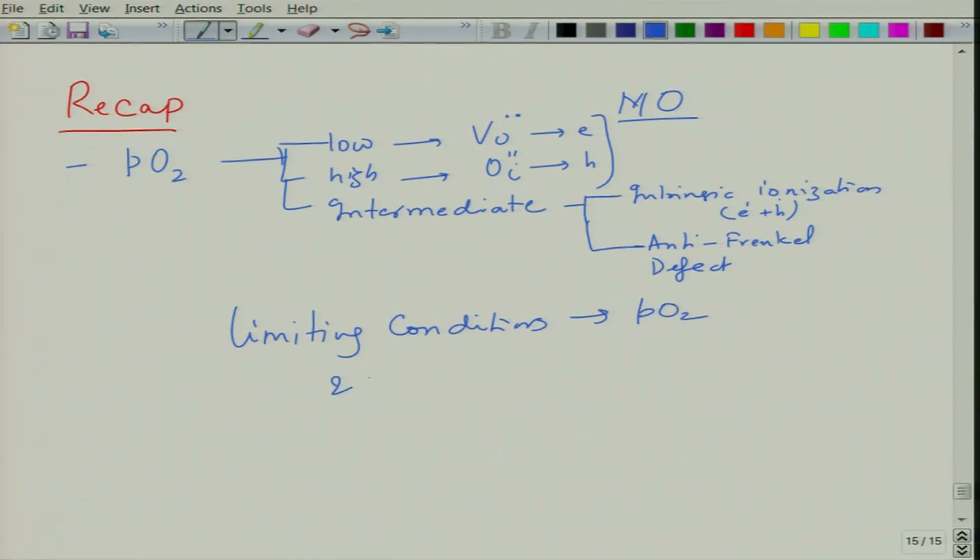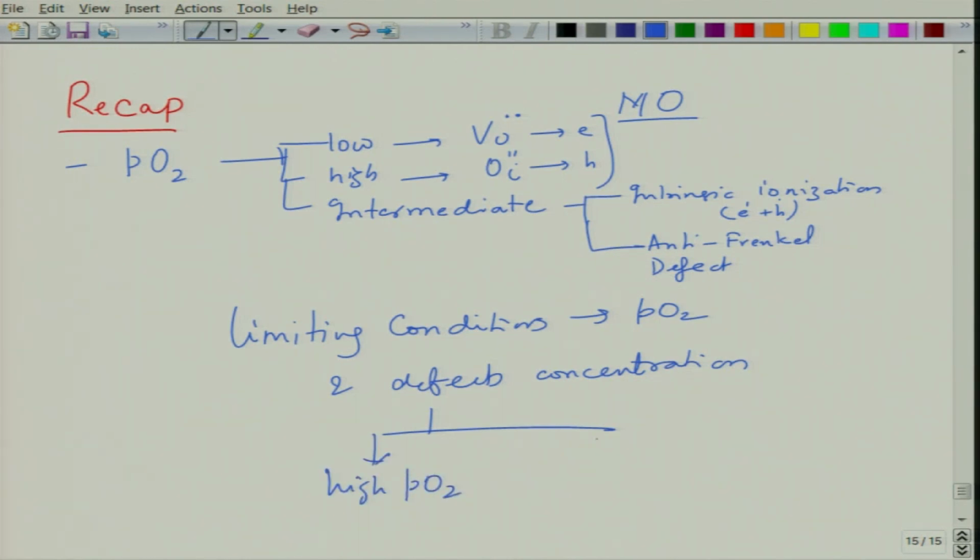So, accordingly, we worked out the limiting conditions of partial pressure of oxygen as well as defect concentrations. What we worked out was high PO2 and low PO2.